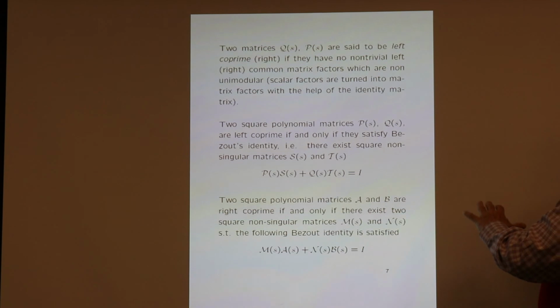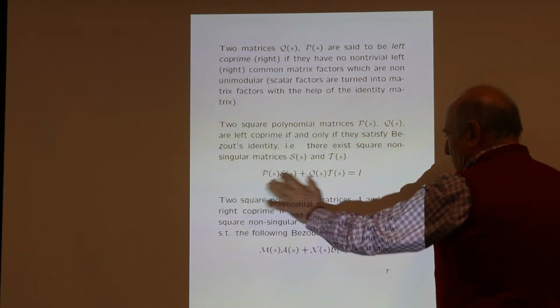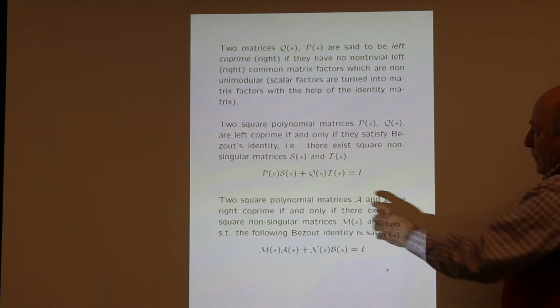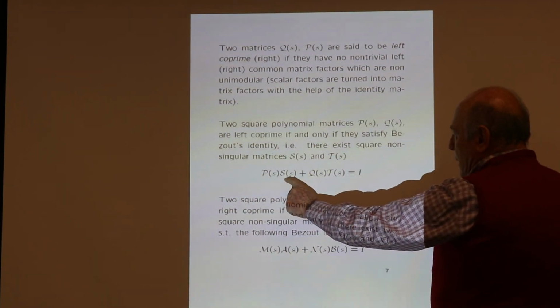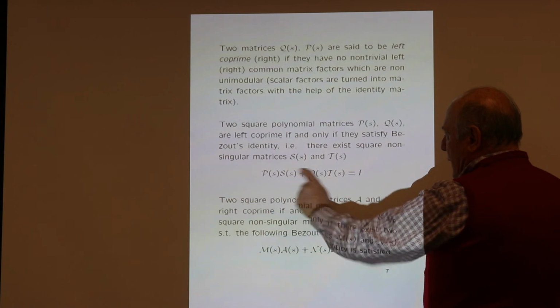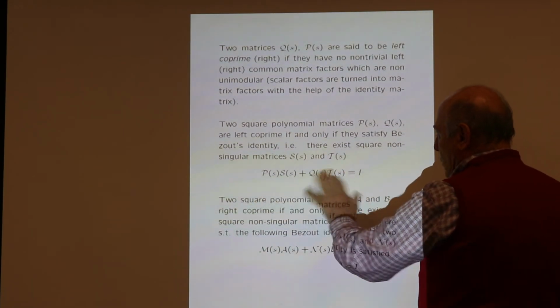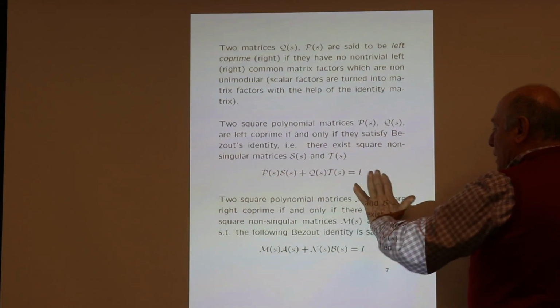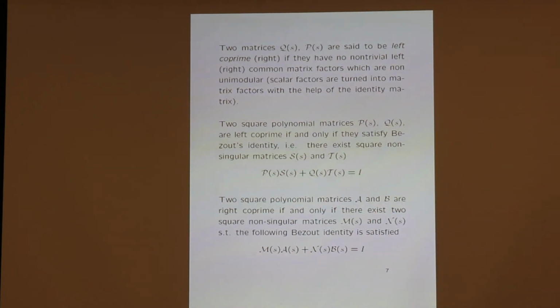Here the case is similar. If the matrices P and Q are left coprime, then we can find matrices S and T multiplying on the right, and the sum of these products will be the identity.